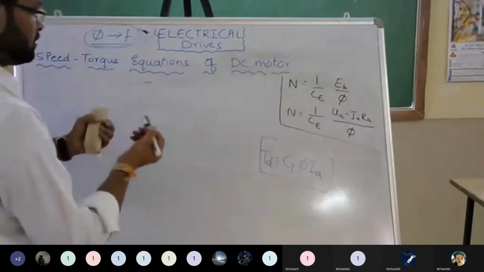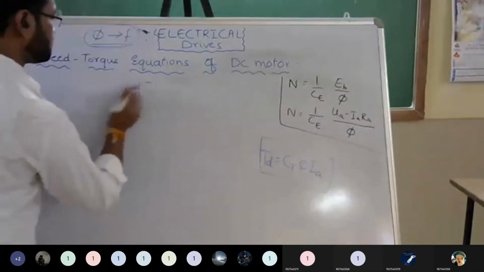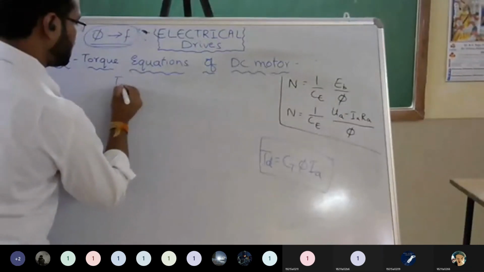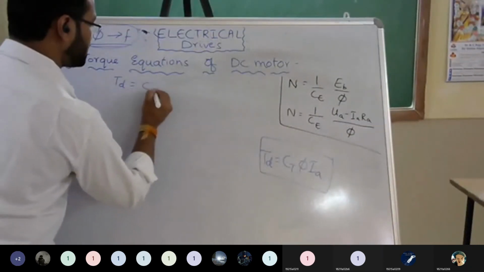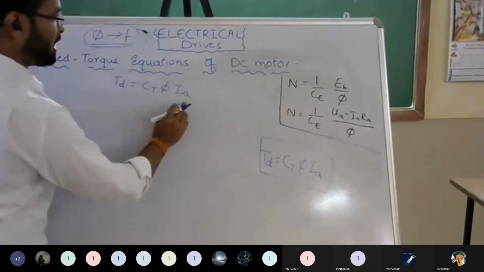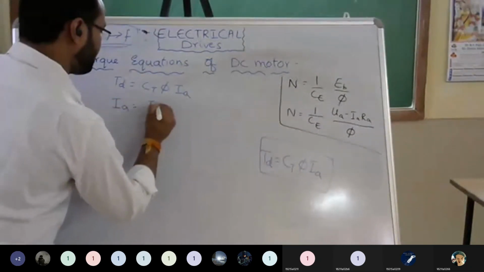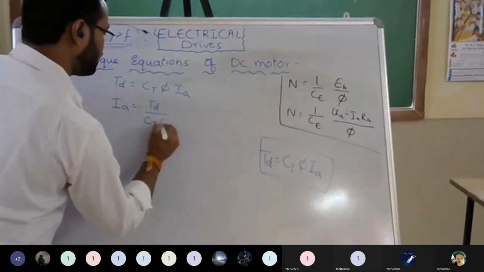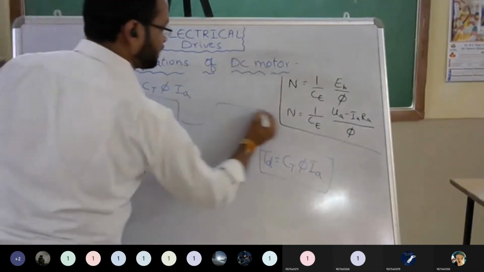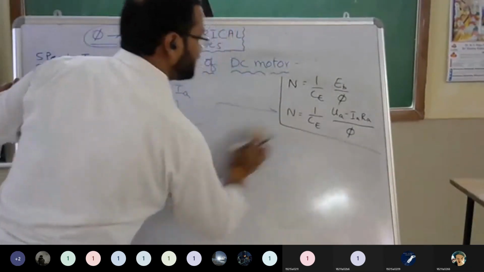Now, from here, TD is equal to Ct into phi into IA, so IA is equal to TD by Ct into phi. I will substitute this in the speed equation.